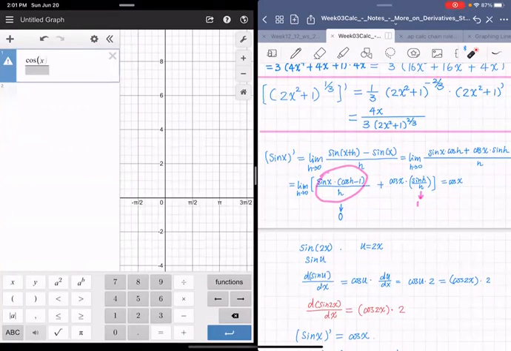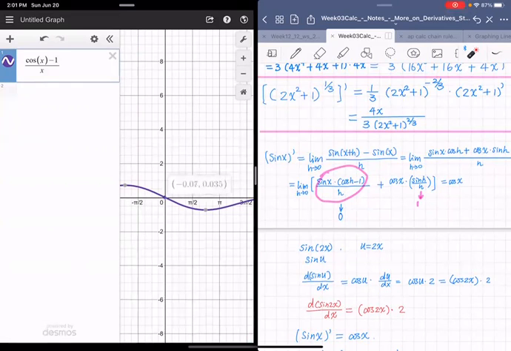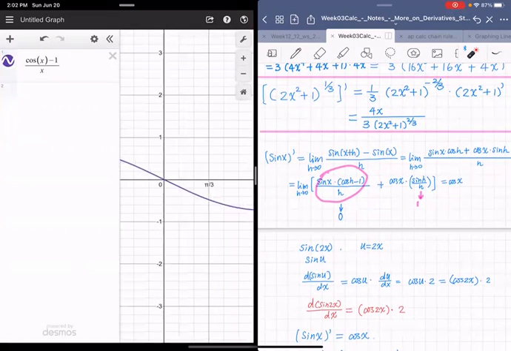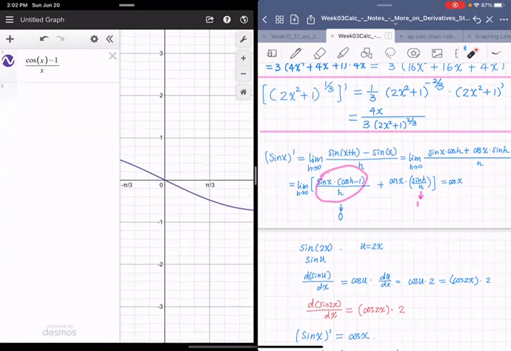When x approaches 0, of course this is undefined, but you are not looking for the function value, you are looking for the limit.